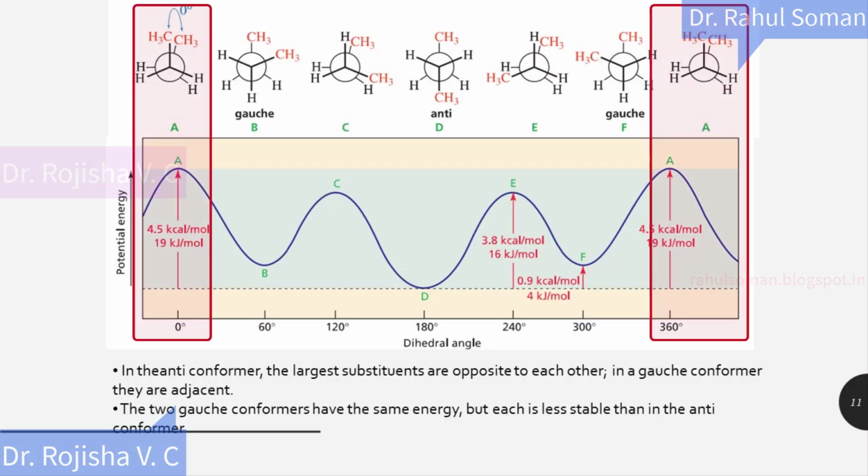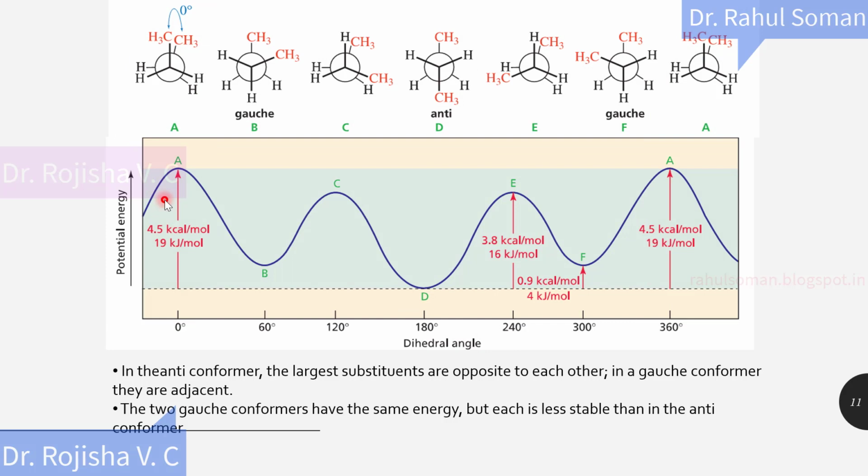That is the eclipse conformation, and the energy change from the eclipse to the most stable anti, staggered conformation is 4.5 kilocalories. For the gauche conformation and the eclipse conformation where hydrogen and CH3 are eclipsed, structures E and C, that energy is 3.8 kilocalories.